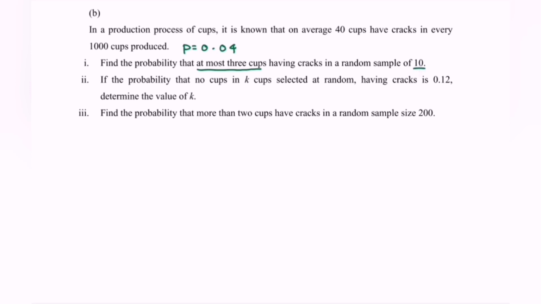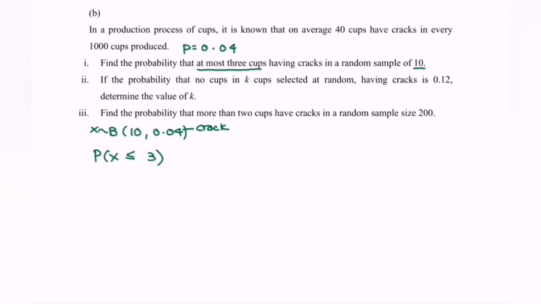So by referring to this case, X is binomially distributed with n equals 10, and the probability of a crack is 0.04. So the question would be the probability that X is at most 3. By referring to the question, at most 3 cups means less than or equal to.